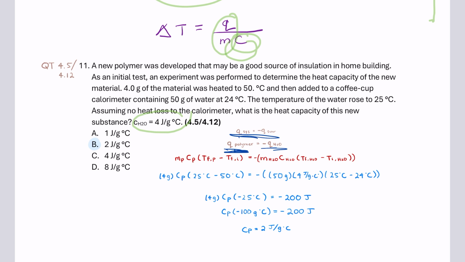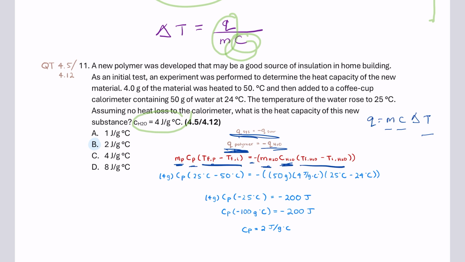Now let's write out both expressions using the equation Q equals m c delta T, where m is the mass, c is the specific heat capacity, and delta T is the change in temperature. So we write that the mass of the polymer times the specific heat capacity of the polymer times the change in temperature of the polymer equals negative the mass of water times the specific heat capacity of the water times the temperature change of the water.